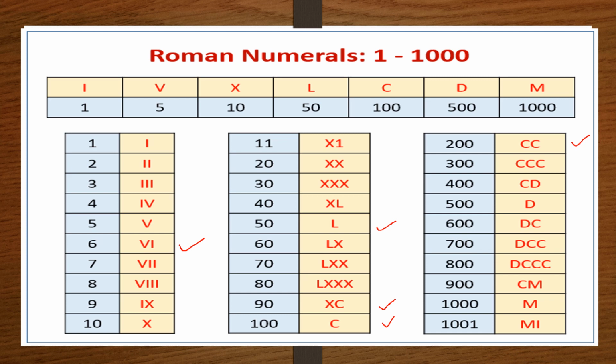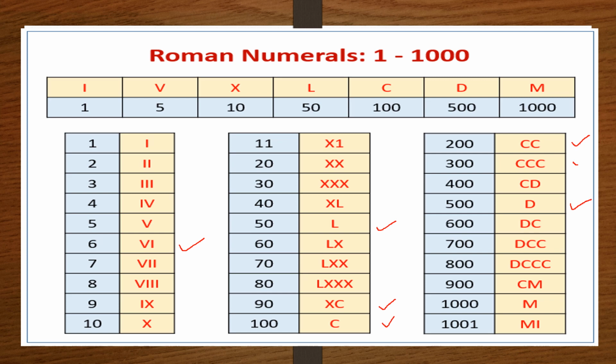Now 100 plus 100 is 200. So CCC is 100 plus 100 plus 100, which is 300. Now you know for 500 we have the symbol D. For 600 you can write DC.